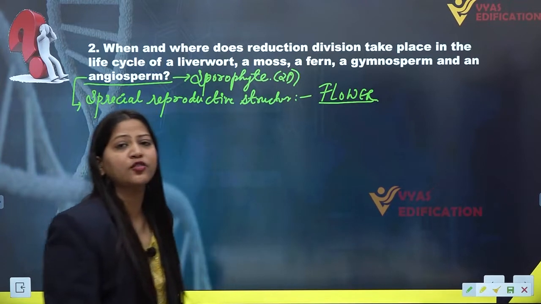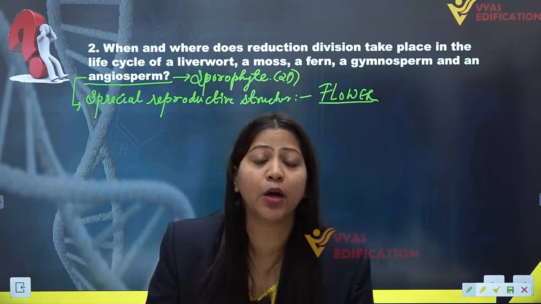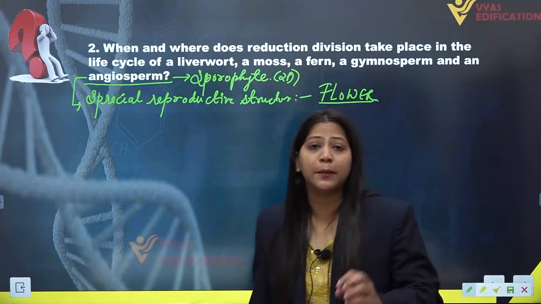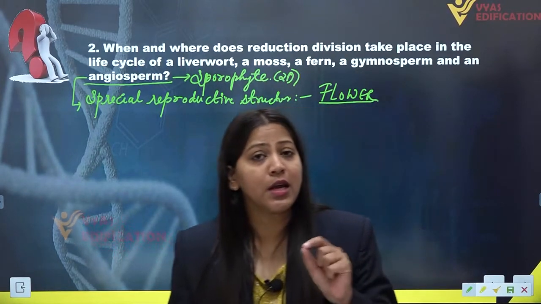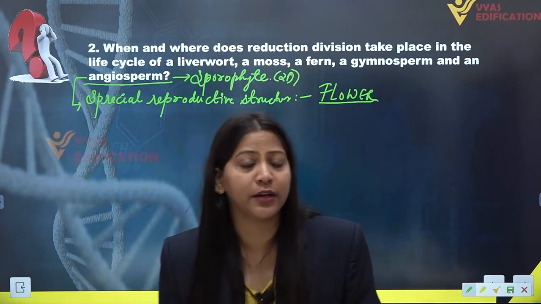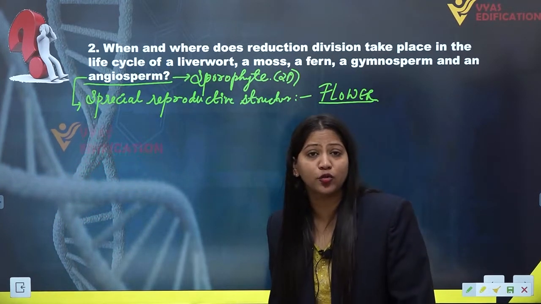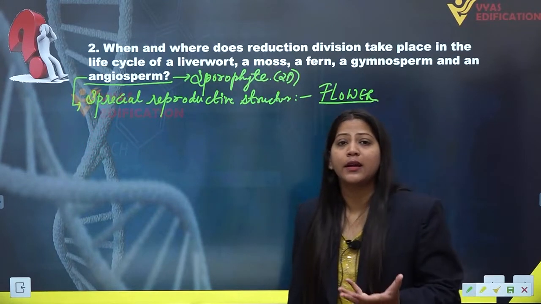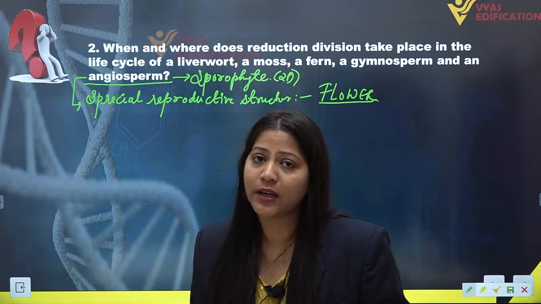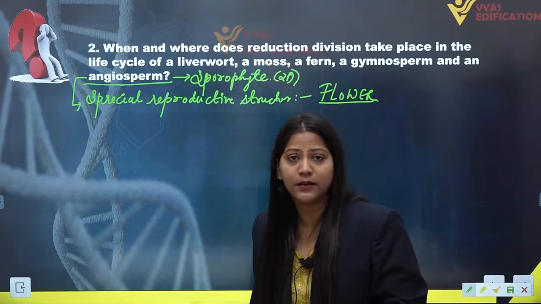A flower can be unisexual or bisexual, depending upon the species. A unisexual flower contains either only the male reproductive part or the female reproductive part. A bisexual flower contains both types of reproductive structures, the male as well as the female.